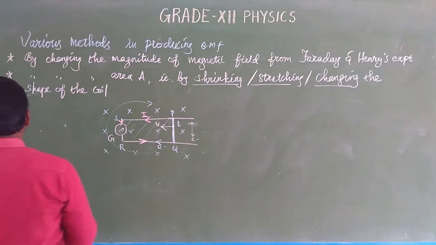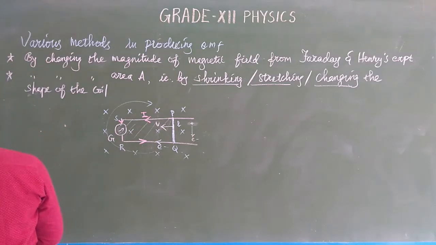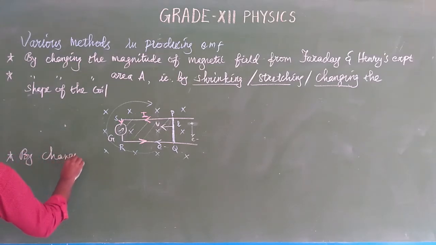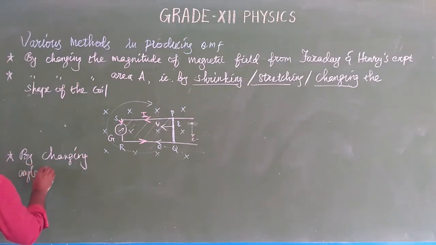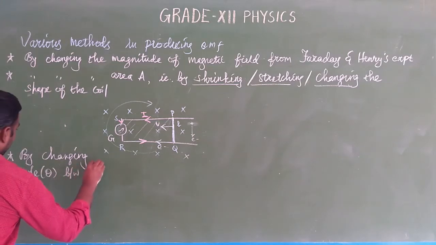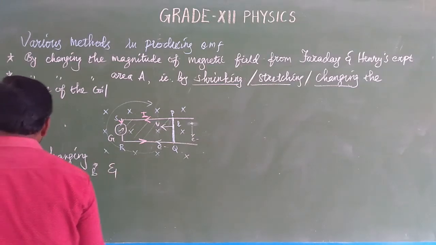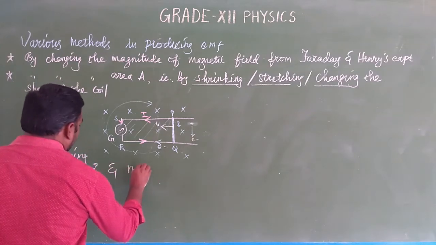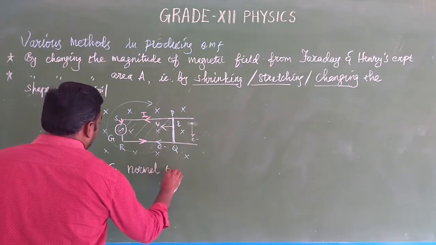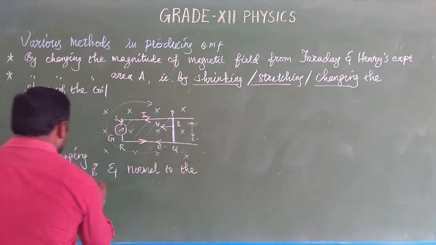Then the third method to produce the induced EMF is by changing the angle between the magnetic field and the normal to the surface area.